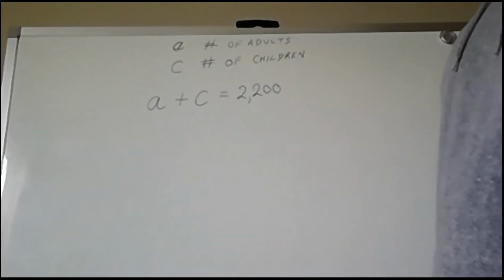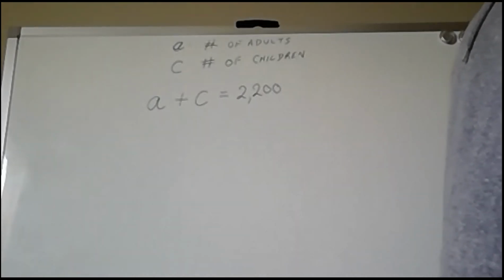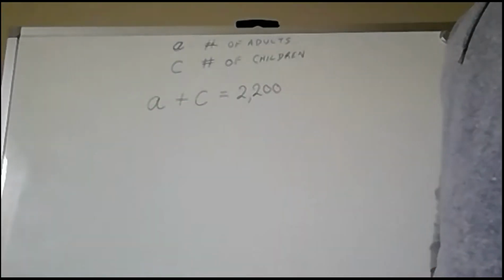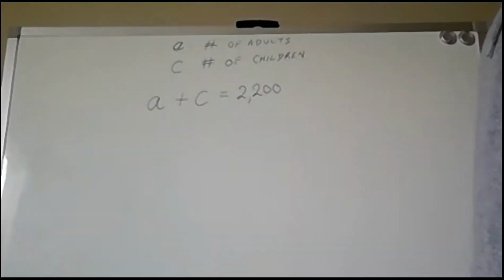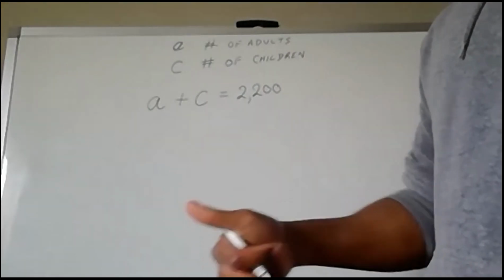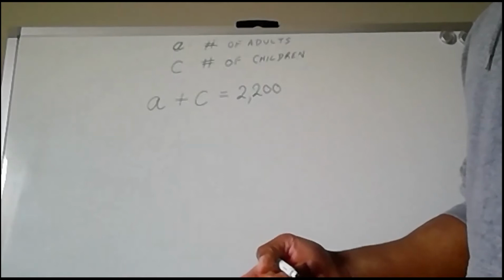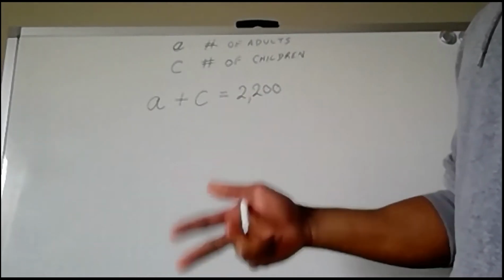The next thing I'm going to do is talk about money. Here I just talked about how many people. Now, we also know this problem is talking about money. It tells us how much it costs for an adult and how much it costs for a child to go to this fair, and it also tells us how much money was made in all.